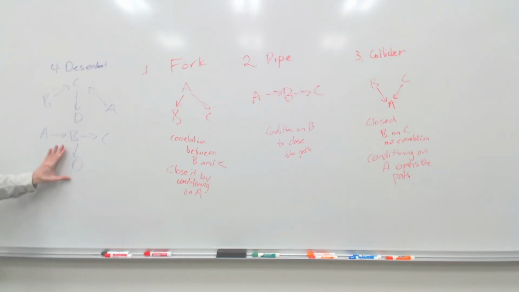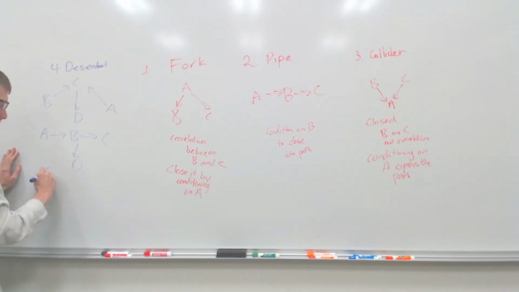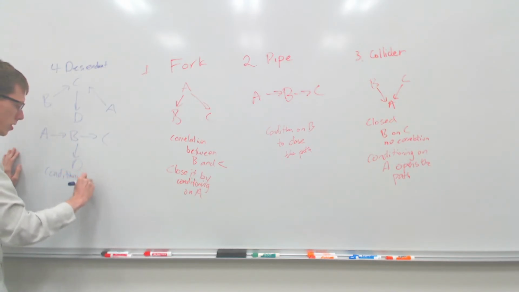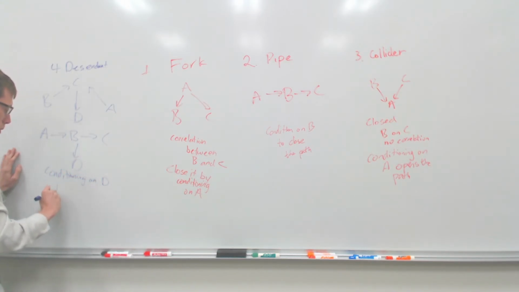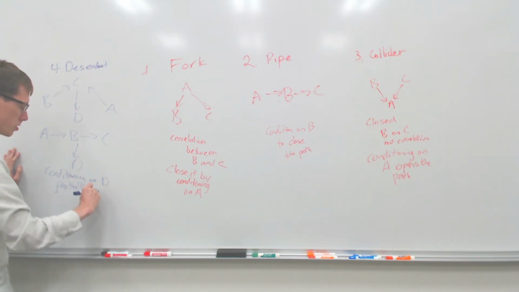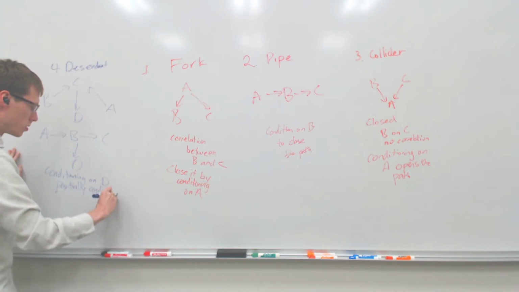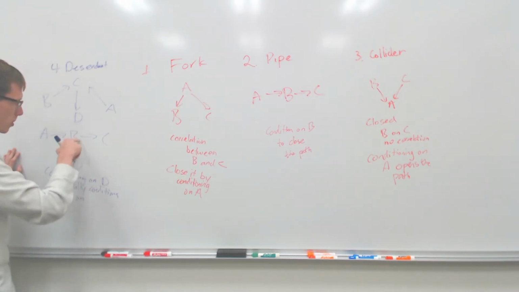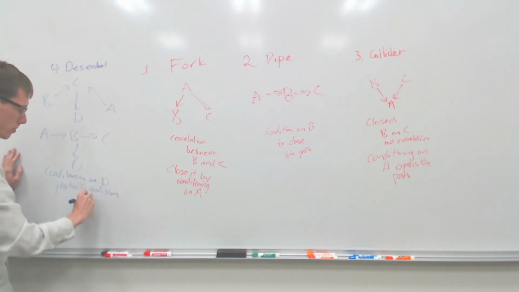And in this case, what happens is that if you condition on D, it partially conditions on B, or well, on the parent.